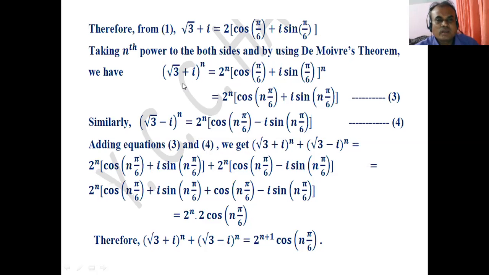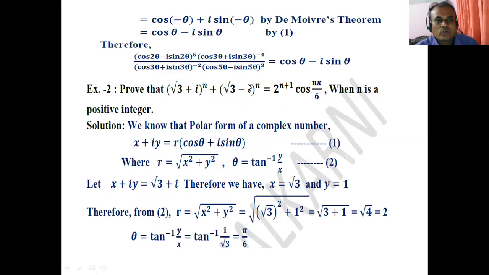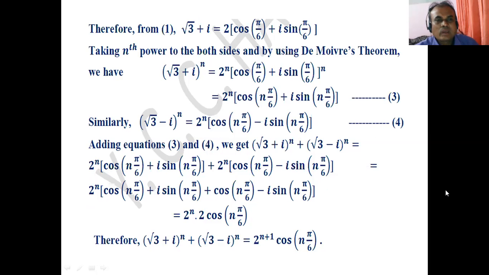Now similarly, we take another complex number and simplify its value in the same way. Similarly, root 3 minus i raised to n is equal to the same as before, but here it was plus, and now here it is minus, so it is also minus.